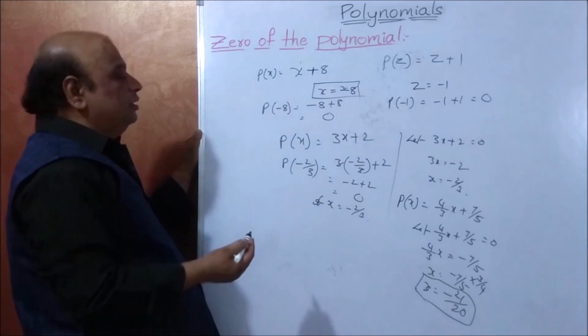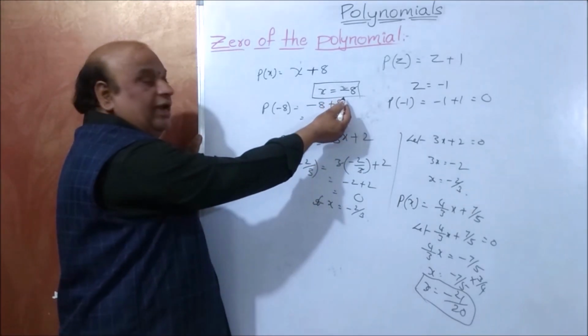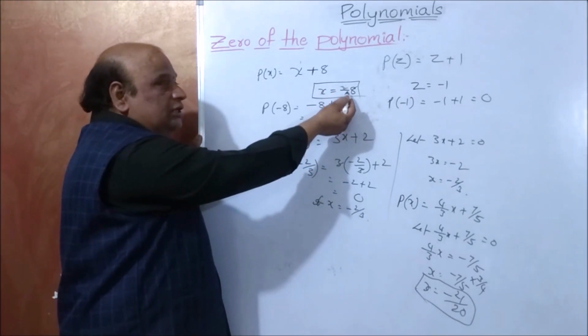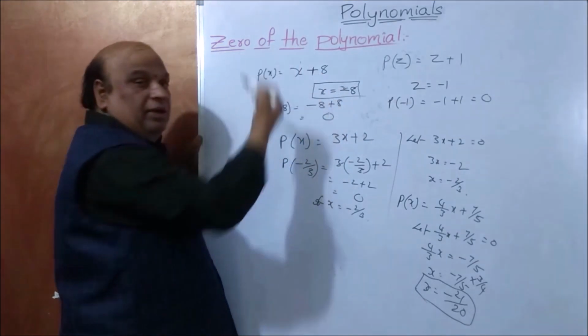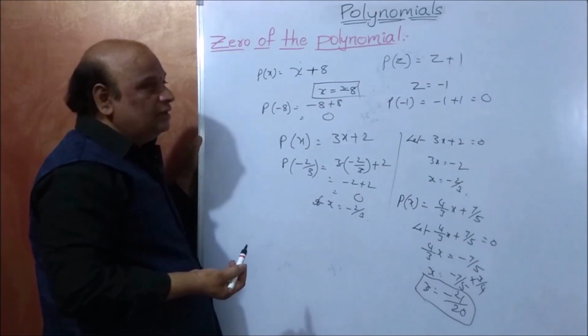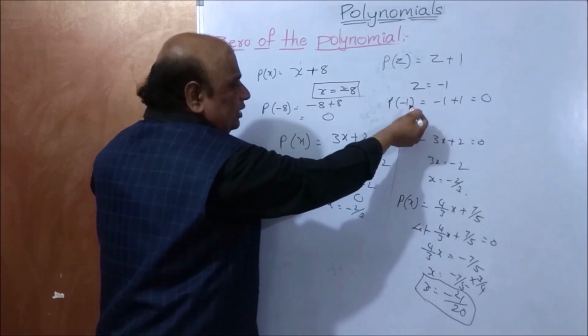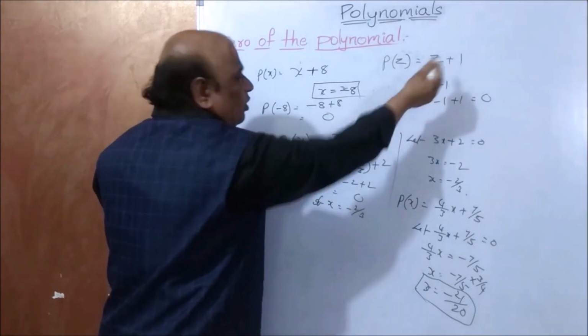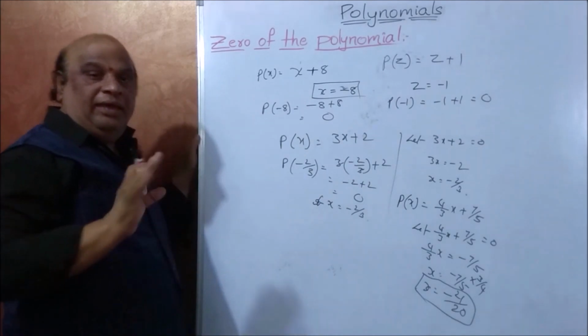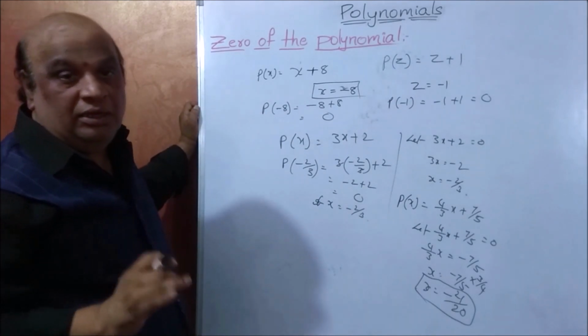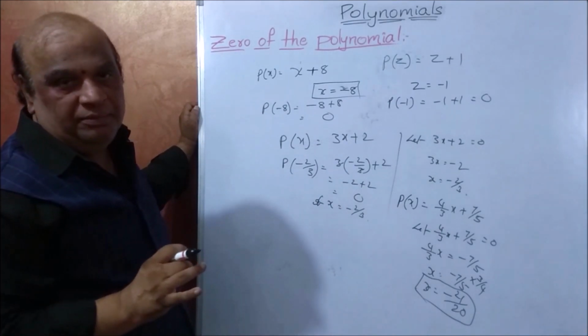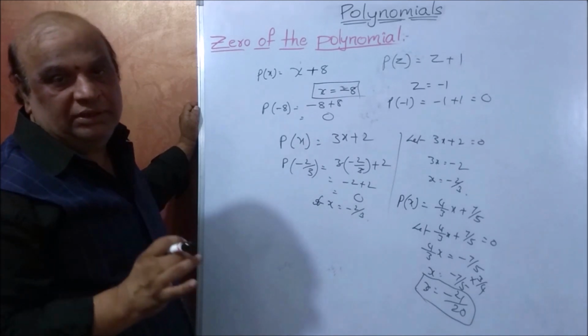Here minus 8 is the zero of this polynomial. Like this, minus 1 is the zero of this polynomial. Like this, we can find the zero of a polynomial by using the transpose method.